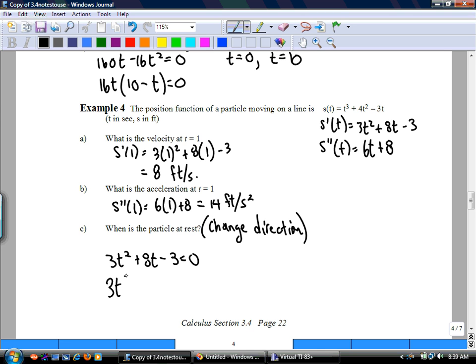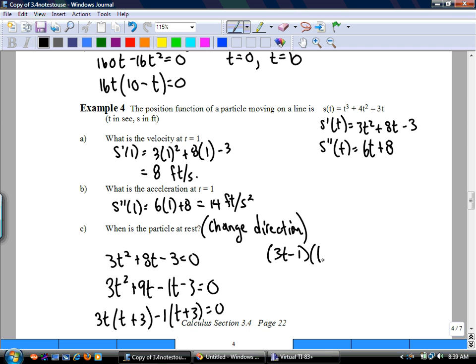So 3t squared plus 9t minus 1t minus 3. So the particle changes direction or is at rest at t equals 1/3 and t equals negative 3.